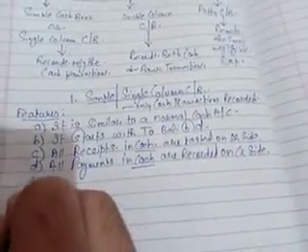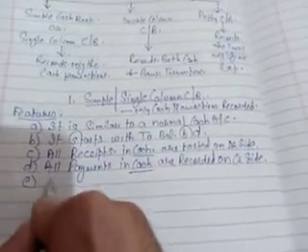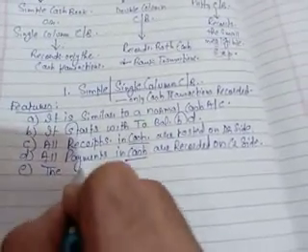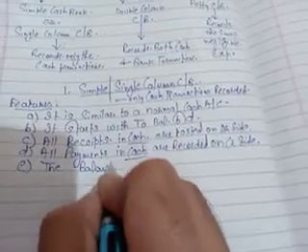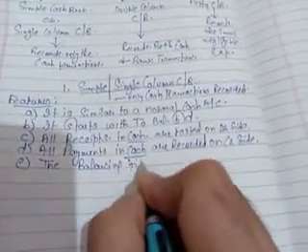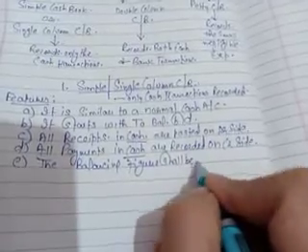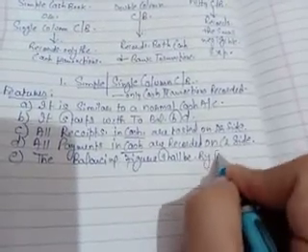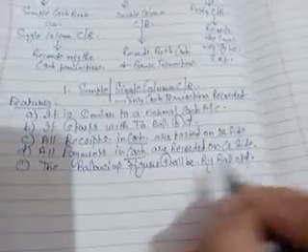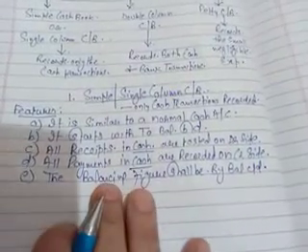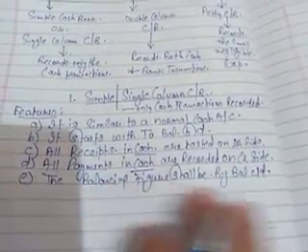Okay. E, the balancing figure shall be by balance carried down. Are we clear about the simple or the single column cash book?